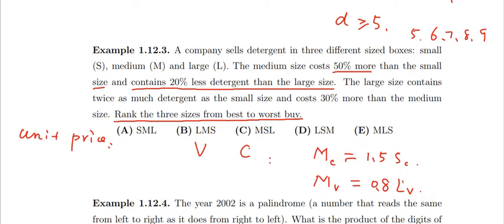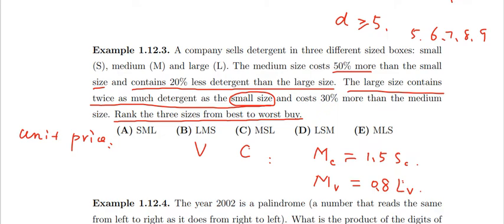The large size contains twice as much as the small size. So let's say we got a conflict, so we just set the small size as 1.